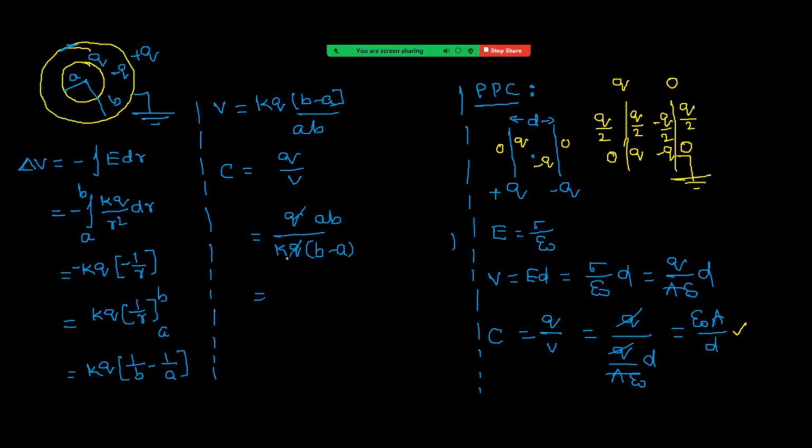So Q gets cancelled. In the place of K, 1 by 4 pi epsilon naught. So it becomes 4 pi epsilon naught into AB by (B minus A). This is the capacitance of a spherical capacitor.